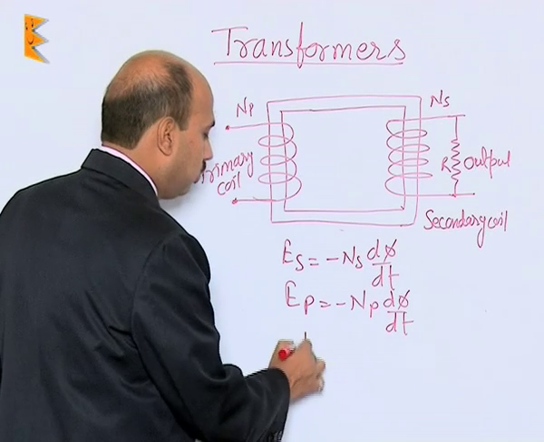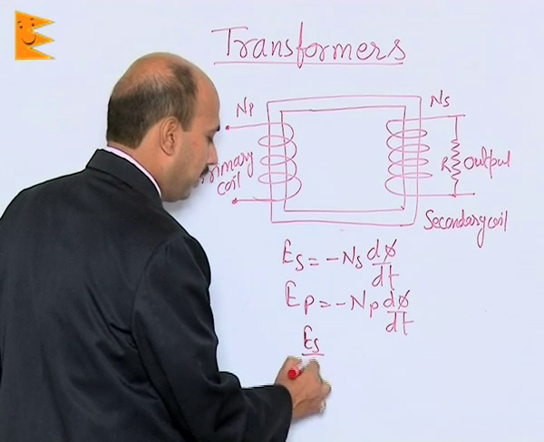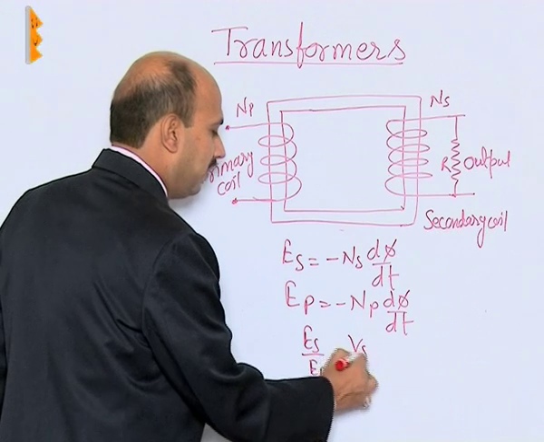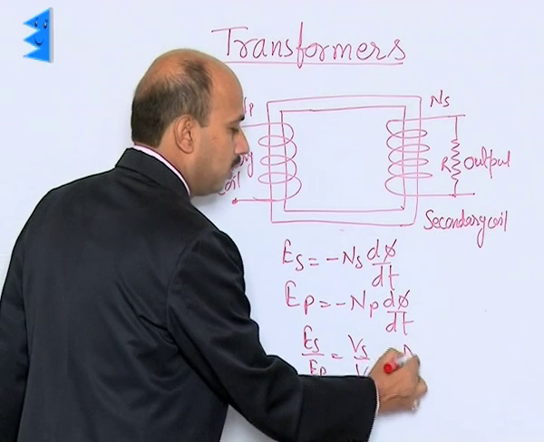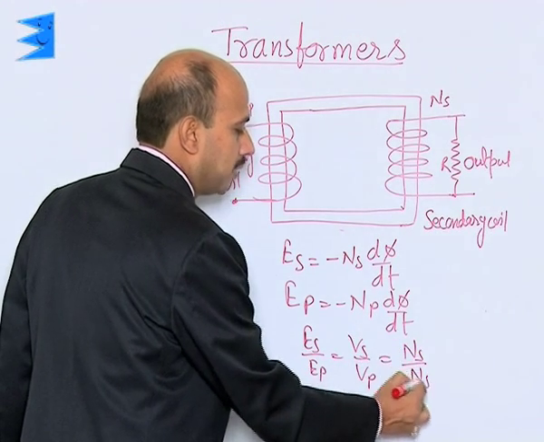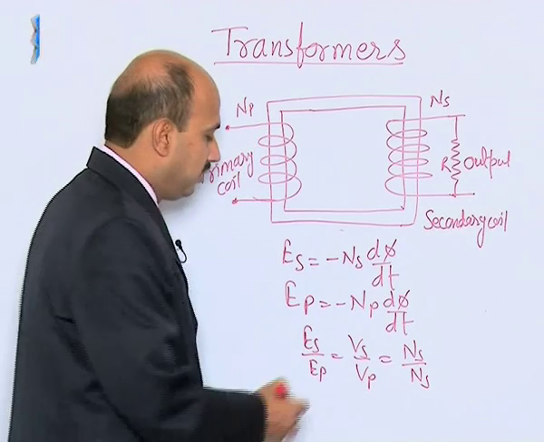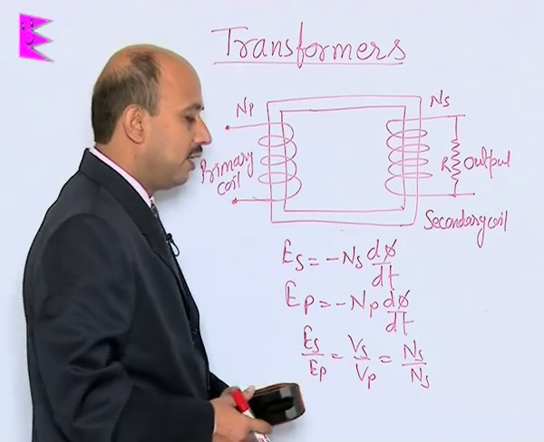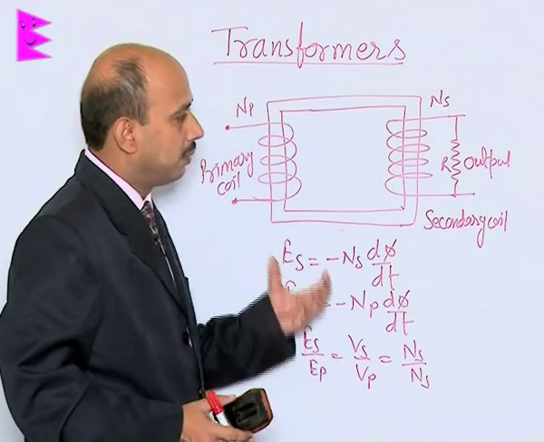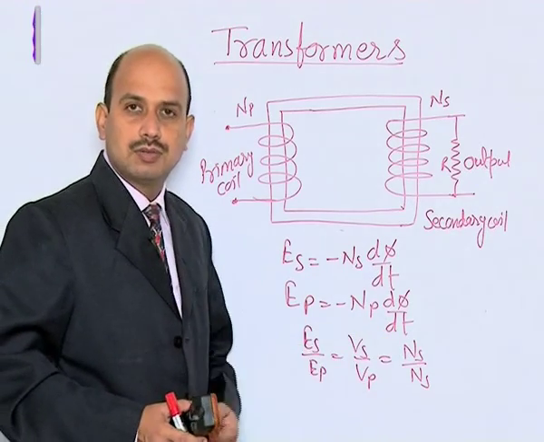When you divide these two, you get Es upon Ep. Also you can write Vs upon Vp is equal to Ns upon Np. So this is the EMF or the voltage in the secondary coil and the number of turns in the primary and secondary coils.